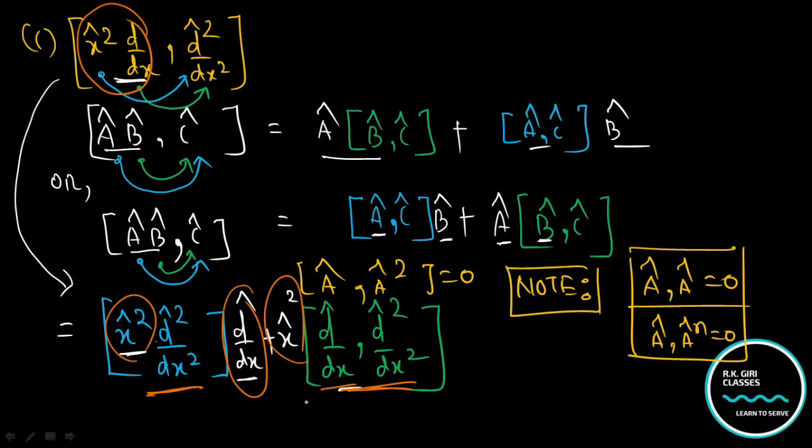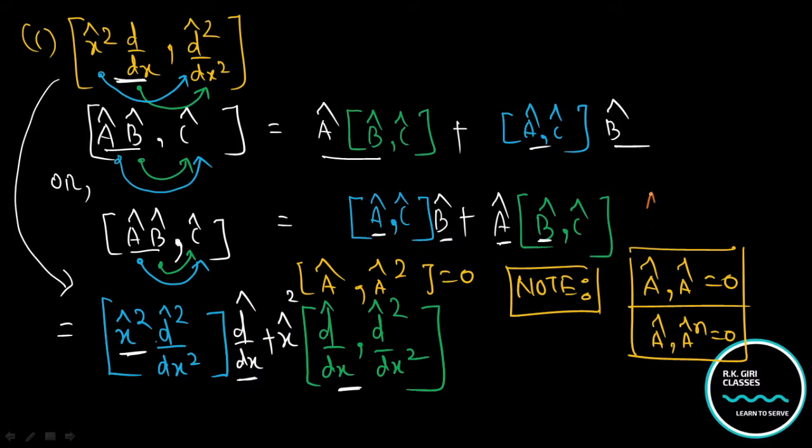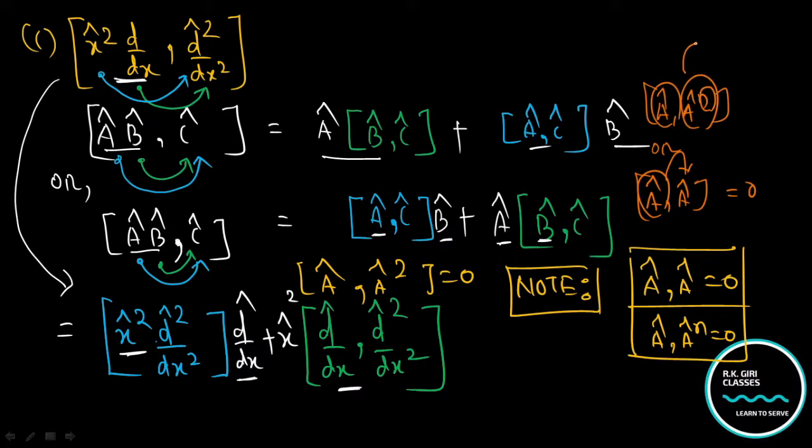Clear? Now you have to remember one thing: an operator always commutes with itself or its power. An operator commutes with itself or its power, that is the value is equal to 0.